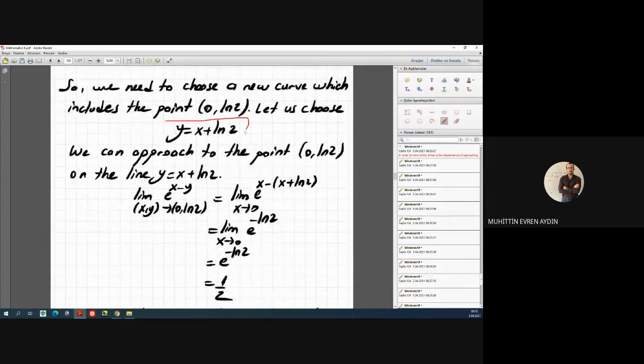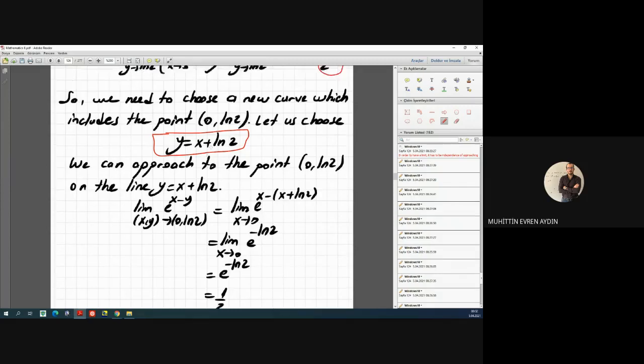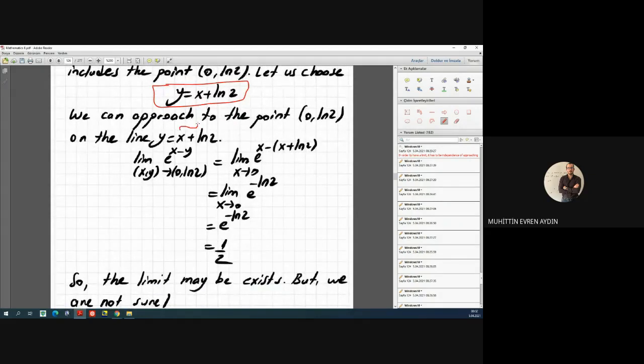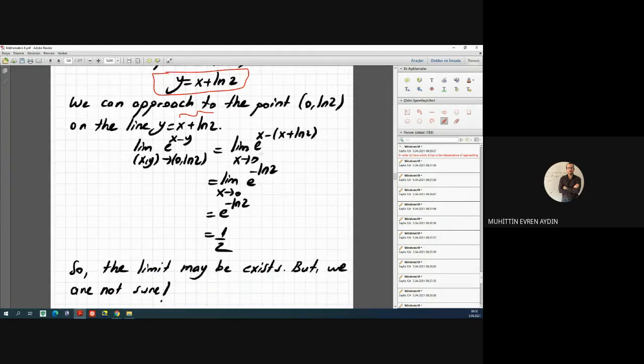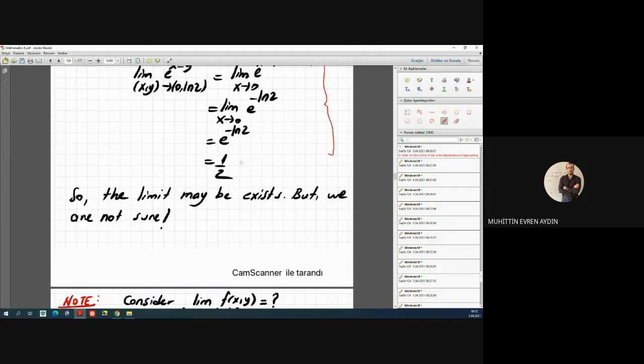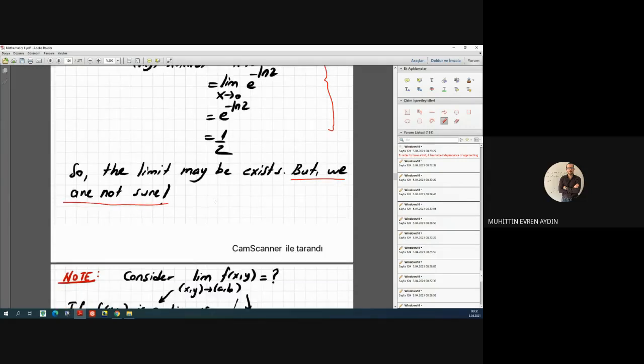Yes, we may choose this one. There are infinitely many options. We choose only one among them. So if we replace y with x plus logarithm 2, and we solve this limit, which is easy, again we obtain 1 over 2. So similar to the previous example, we are not sure for this example.